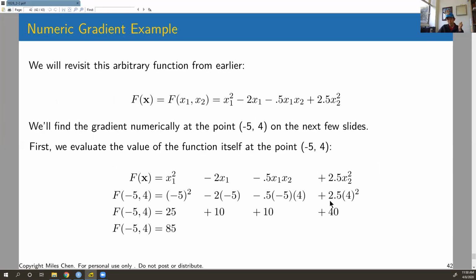So I'm going to use the same function that we used earlier, back on, I think, slide 10, and find the value of this function at the coordinate -5, 4. The value of the function at that coordinate is 85. Now I'm going to add on a small value.